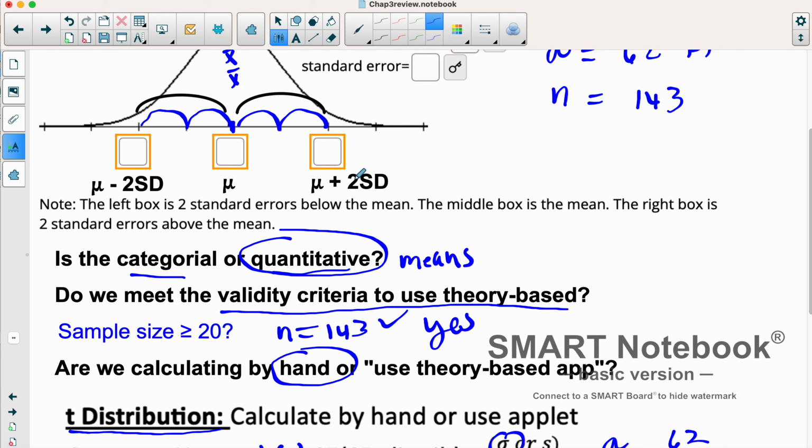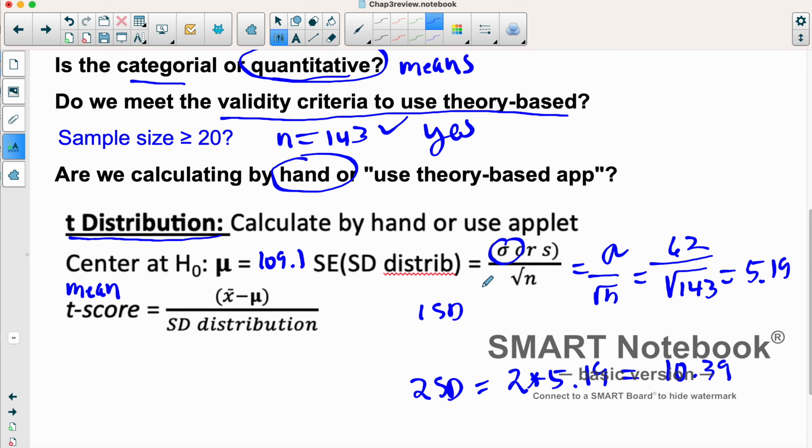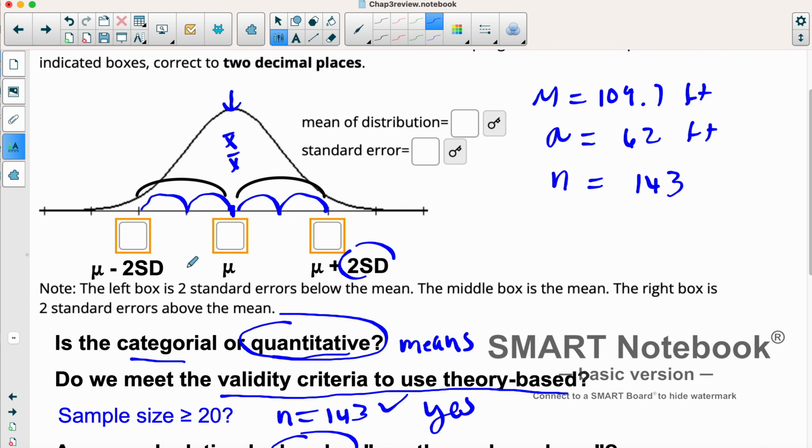We want to add 2 standard deviations. 2 times 5.19 is equal to 10.39. That is 2 standard deviations. To fill this in, the center is going to be at mu, 109.1.